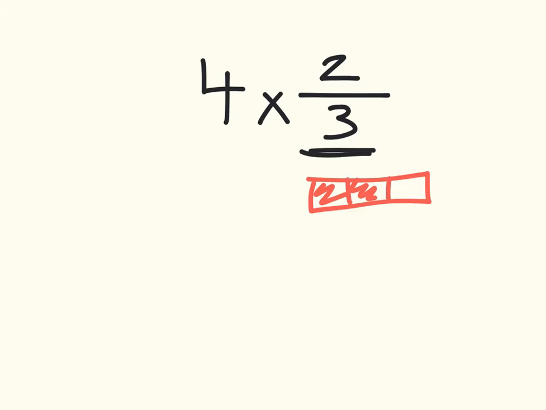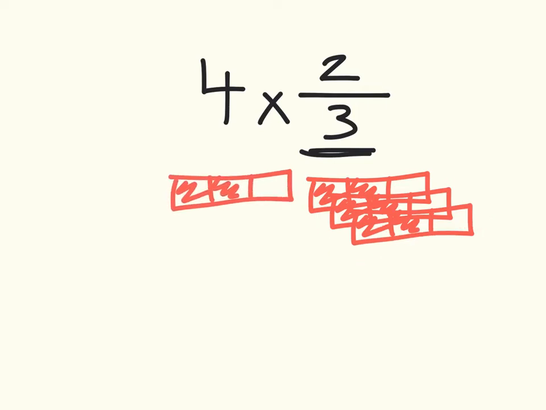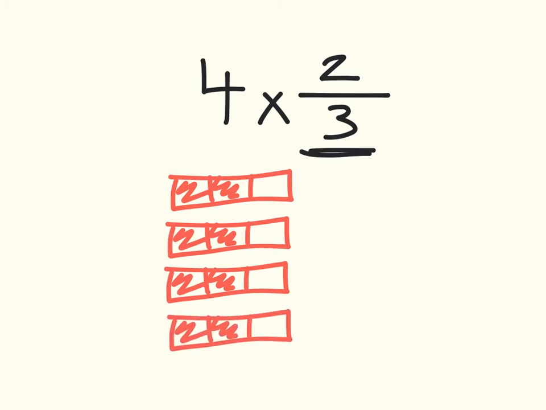Now I think I can actually click on this and duplicate this. I need to duplicate this 4 times. 1, 2, 3, 4. So now I have 2 thirds, 2 thirds, 2 thirds, 2 thirds. I have 2/3 4 times.